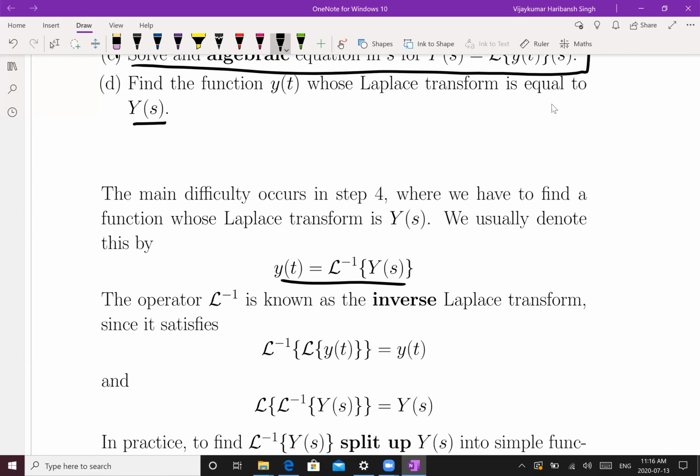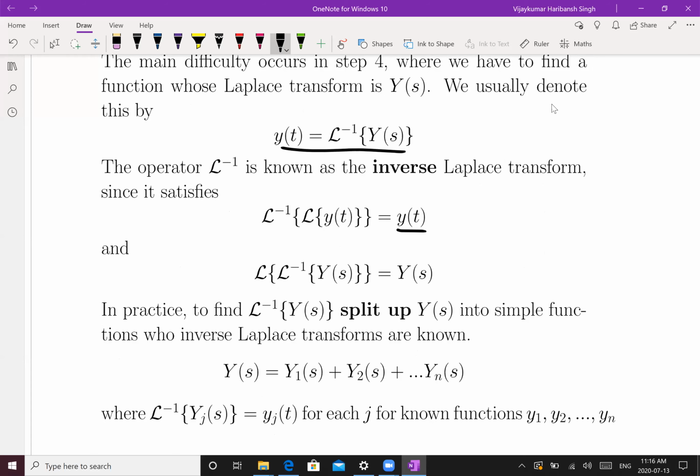The idea is that L inverse of L of y of t is y of t, and L inverse of Y of s is y of t. So in practice, you split Y of s into simple functions, and applying Laplace inverse is the same as applying Laplace inverse to each one of these. So you have the Laplace inverse of each Y j of s is y j of t, for y1, y2, up to yn.